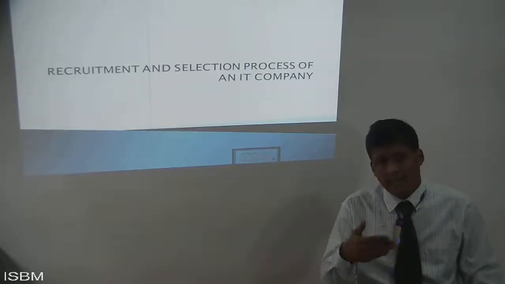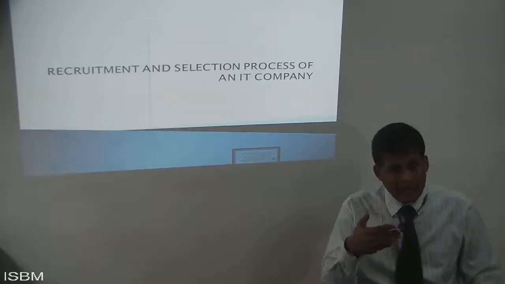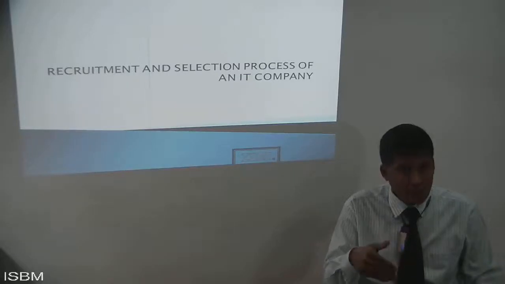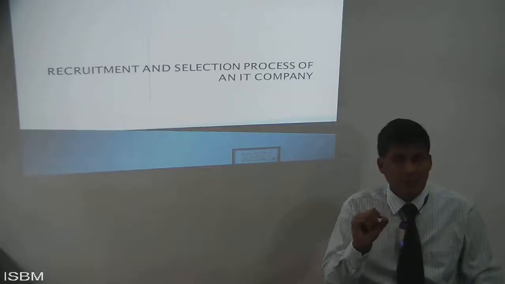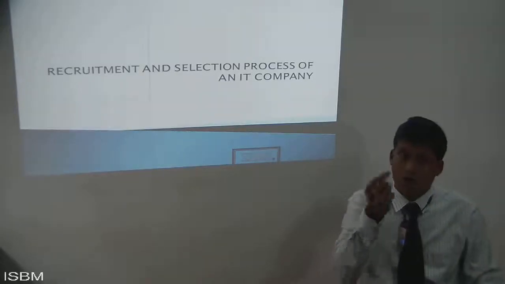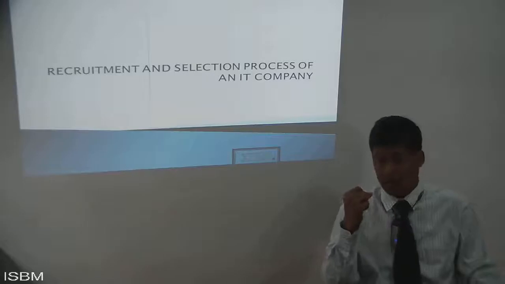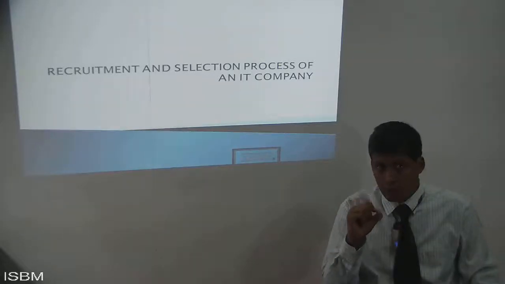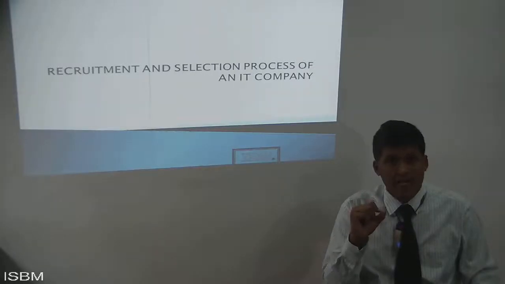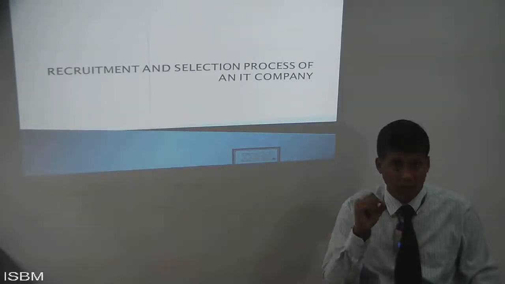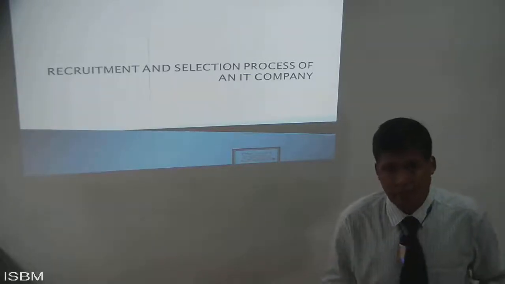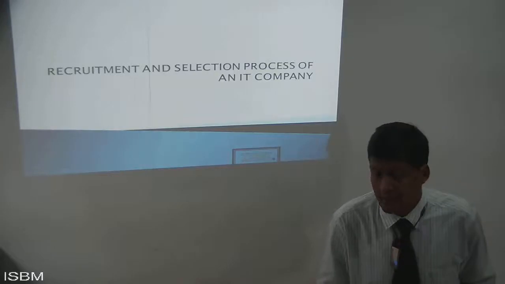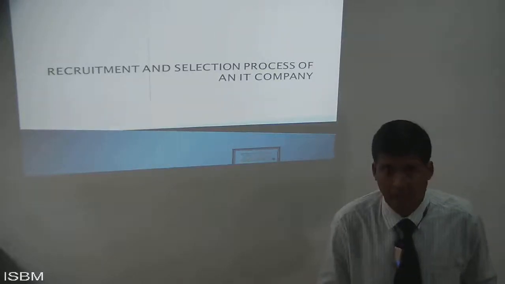Understand that attrition could also be streamlined if your recruitment and selection process is fine-tuned. It is one of the influencing parameters. Because if the recruitment or selection is not right, you might have a functional attrition where you have not selected the right person for the right job at the right time at the right level.